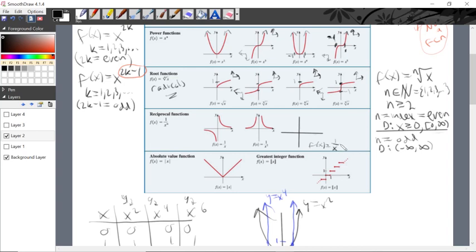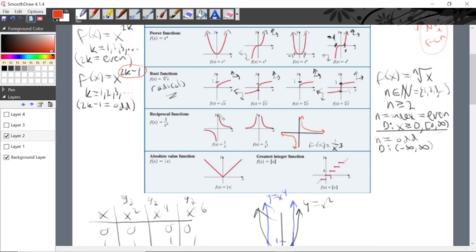So that is going to also look like this. It's going to be the same basic overall shape as y equals 1 over x. It's not going to be too much different. I'm not going to get a really good sketch of this right here. The same overall basic shape.